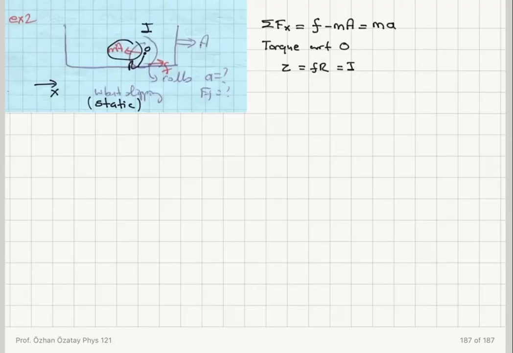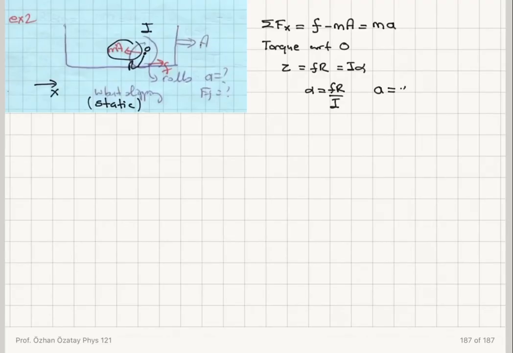This is equal to the I times alpha, about an axis going through the center of mass. So that's one equation I will get, and so this alpha is equal to Fr over I.